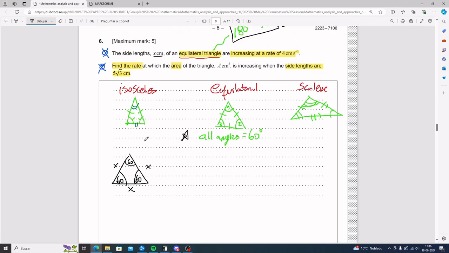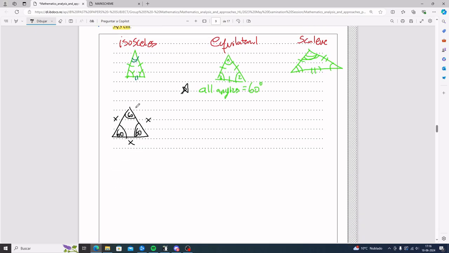Now this equilateral triangle is increasing its sides at a rate of 4 centimeters per second. And having this in mind, you need to find the rate at which the area of the triangle is increasing. Which makes sense because if one second your triangle is this big and the next second it's this big, then the area increased.